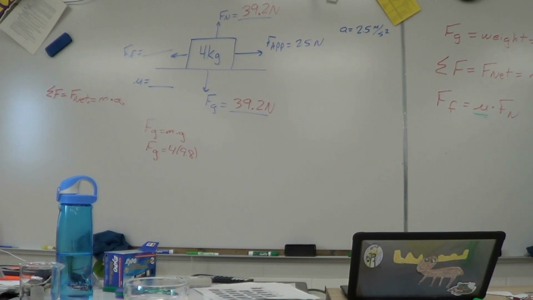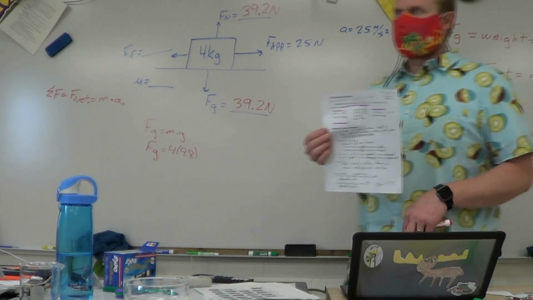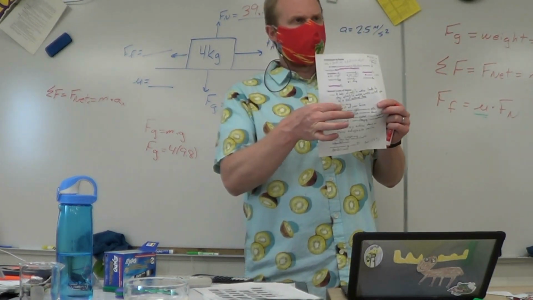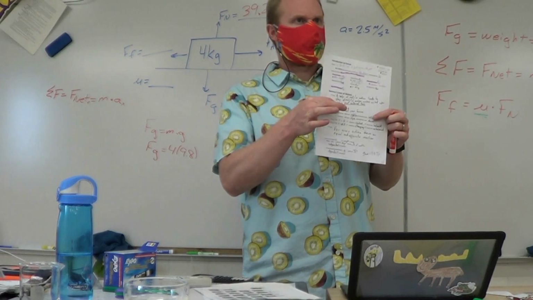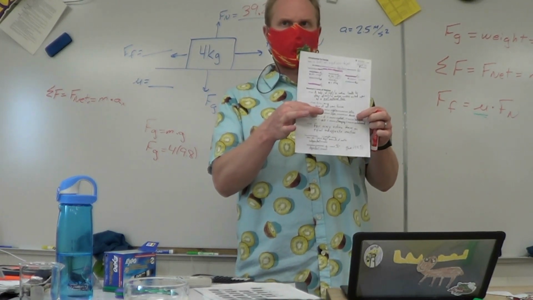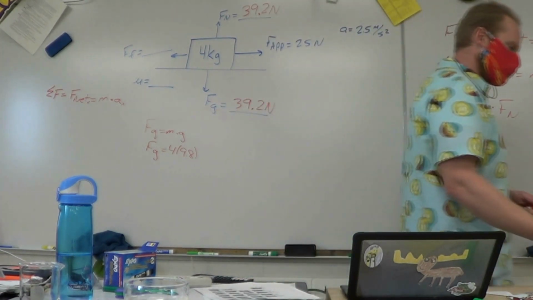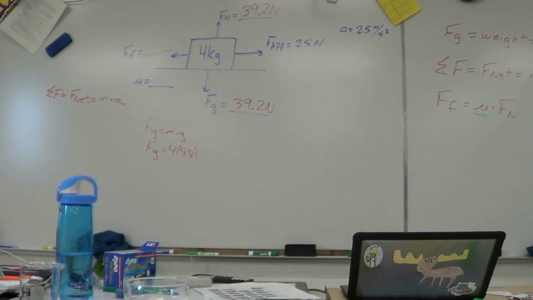Remember, when I sum up my forces on this intro to forces sheet, we add our rights and subtract our lefts. We add our ups and subtract our downs. I'll pause and let you build that equation. That's how we can solve for the force of friction, by using that equation. But you have to build that equation to match the situation we have.